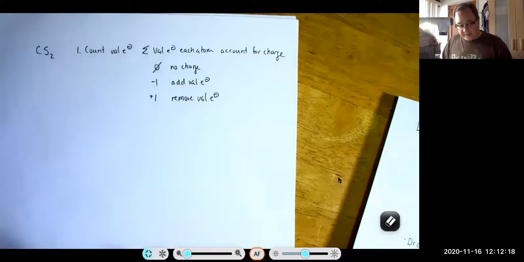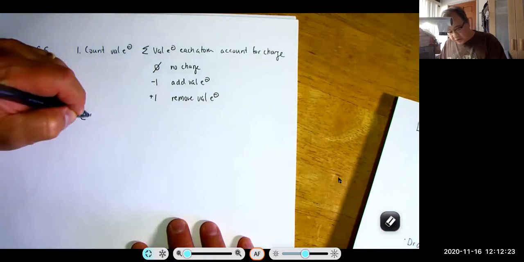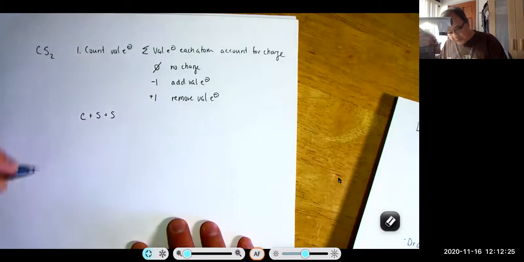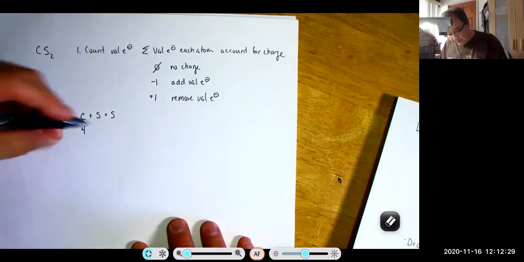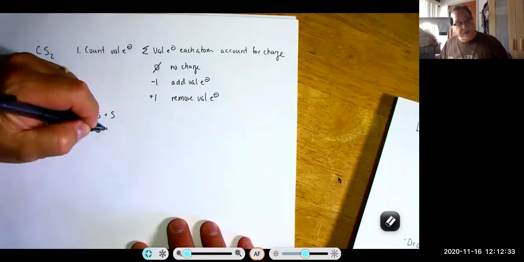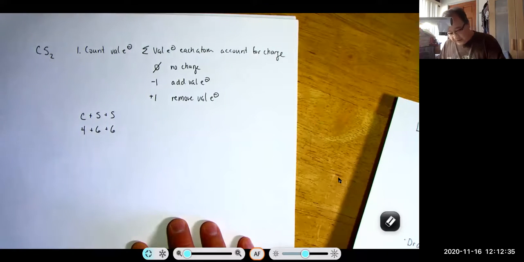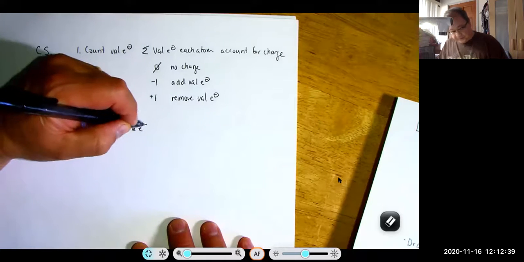You take an electron away. So in the case of the CS2, you have a carbon plus a sulfur plus a sulfur, which means you have 4 valence electrons for carbon because it's in group 4A, 6 for sulfur because it's in group 6A, and 6 for the other sulfur because it's in group 6A, for a total of 16 valence electrons.